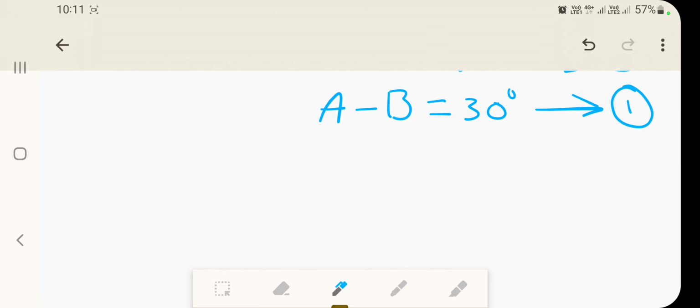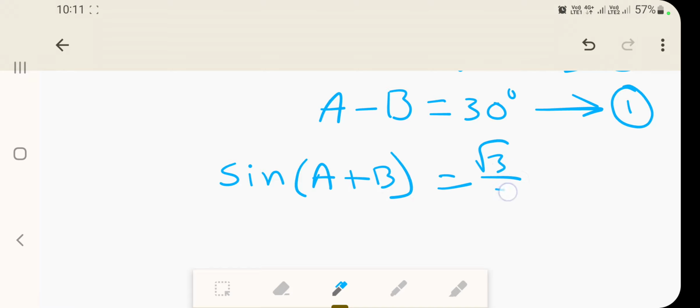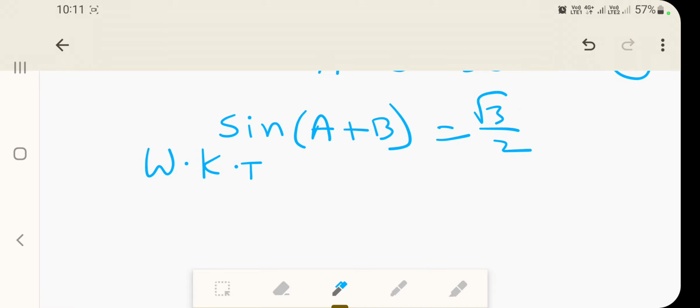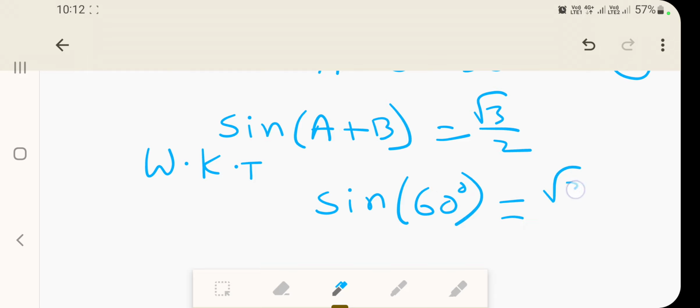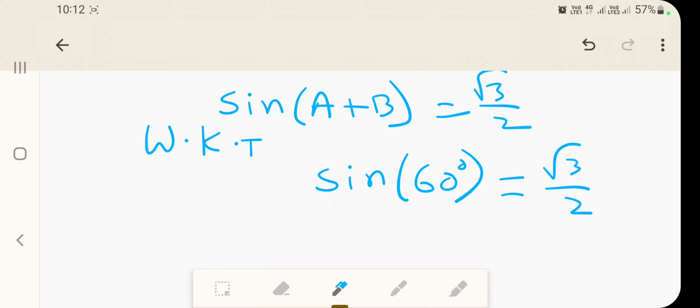And we know that sine of 60 degrees is root 3 by 2. Sine 60 is root 3 by 2, sine 30 is 1 by 2. So here we have sine 60 as root 3 by 2.